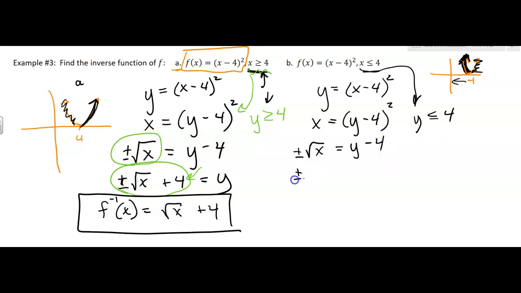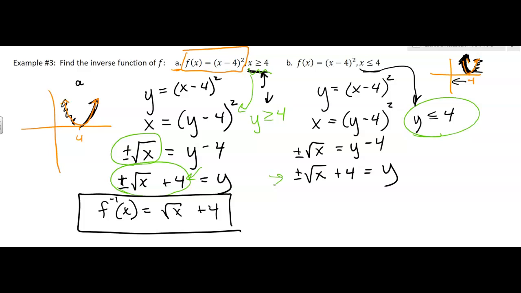add the 4, and now we have to decide which case is going to give me less than 4. I need y to be less than or equal to 4. So do I want the positive case or the negative case? Now, whatever the square root of x is, it'll be a positive number.